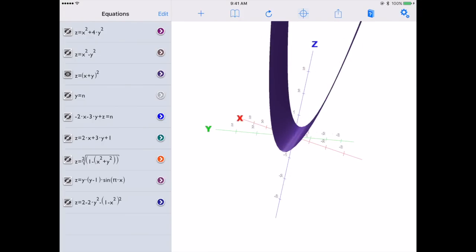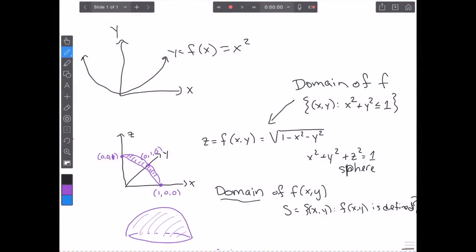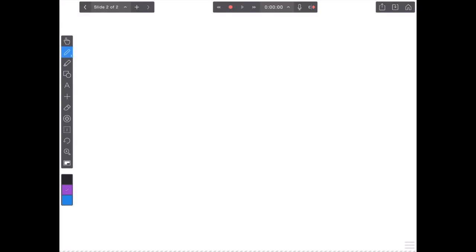Many people have problems trying to visualize how to graph these functions. A useful tool, and there's a bit of discussion of this in the book, is to think about slicing through. Going back to our whiteboard, we can think about fixing one variable and then varying the other one.